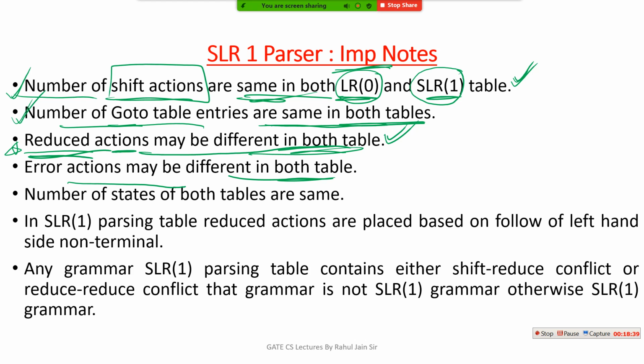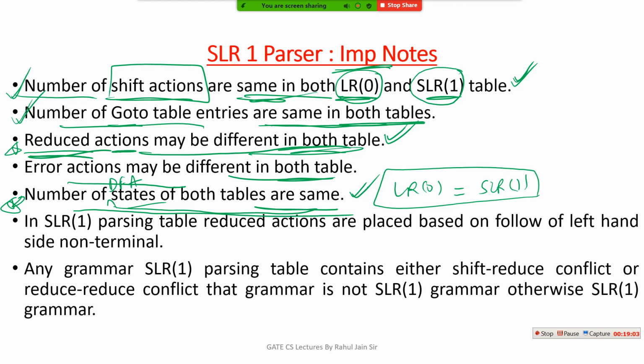The next one is that the number of states of both tables is the same, very very important. Basically, you can say that the number of DFA states will be the same in both tables, right? The number of states will not change. The number of states in LR0 will be equal to the number of states in the SLR1 parsing table, the SLR1 DFA.